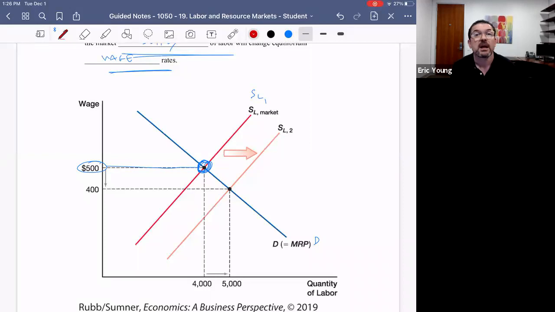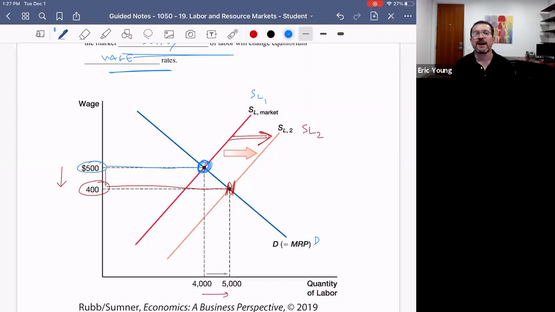We don't know what yet, but something somehow increased, shifted the supply of labor from SL1 to SL2. As in any supply and demand analysis, this gives us a new equilibrium, which corresponds to a lower wage, but higher levels of employment.